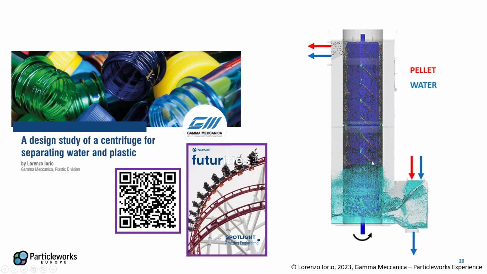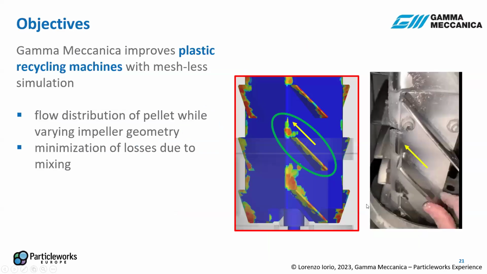So the idea was to model this system and optimize the rotor to achieve the highest throughput at the top while keeping the water intake and volumes as low as possible. In that way, we also reduce the losses of the rotor because we have less water around.